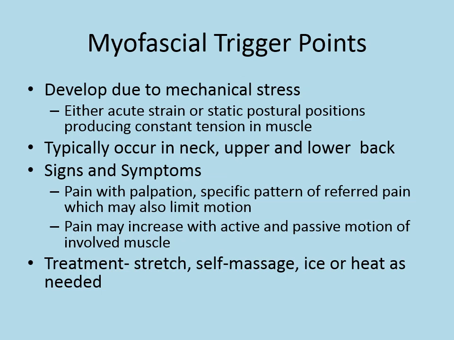But if I can recreate that pain by pushing on the knot and having that referred pain go down the arm, then I know that's most likely from a trigger point. The pain may increase with active and passive range of motion of the involved muscle. So when the person is actually trying to use that muscle, their pain could increase. These are pretty nasty and more common than most people realize.